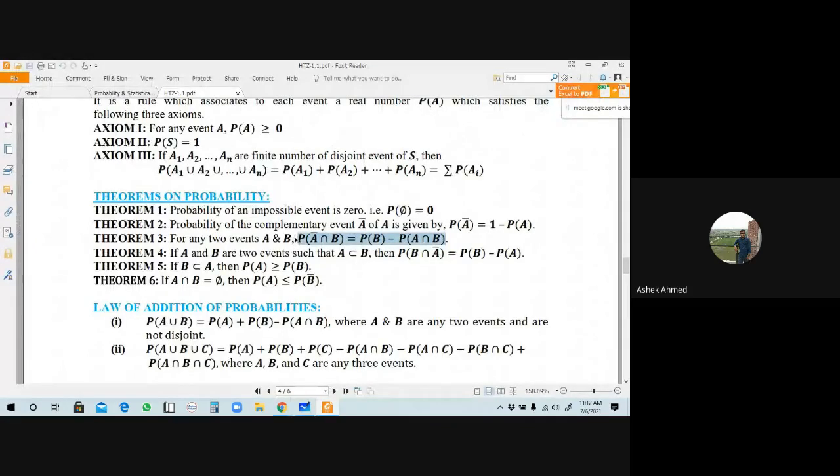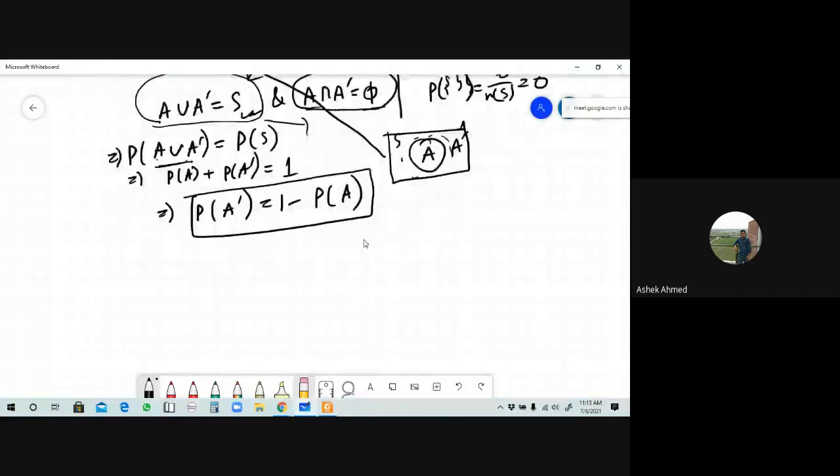In the next theorem, this is A complement intersection B. That will be probability of B minus probability of A intersection B. How can you get this result here?